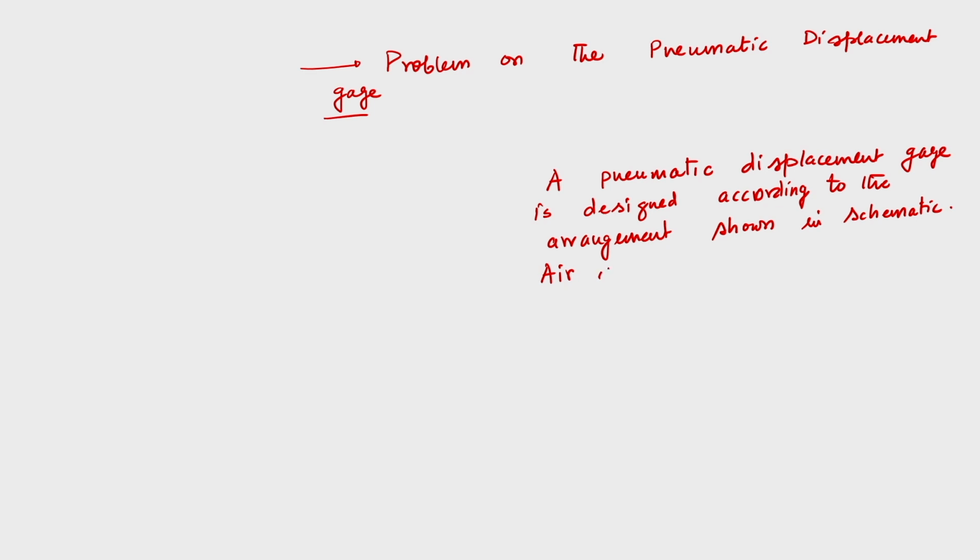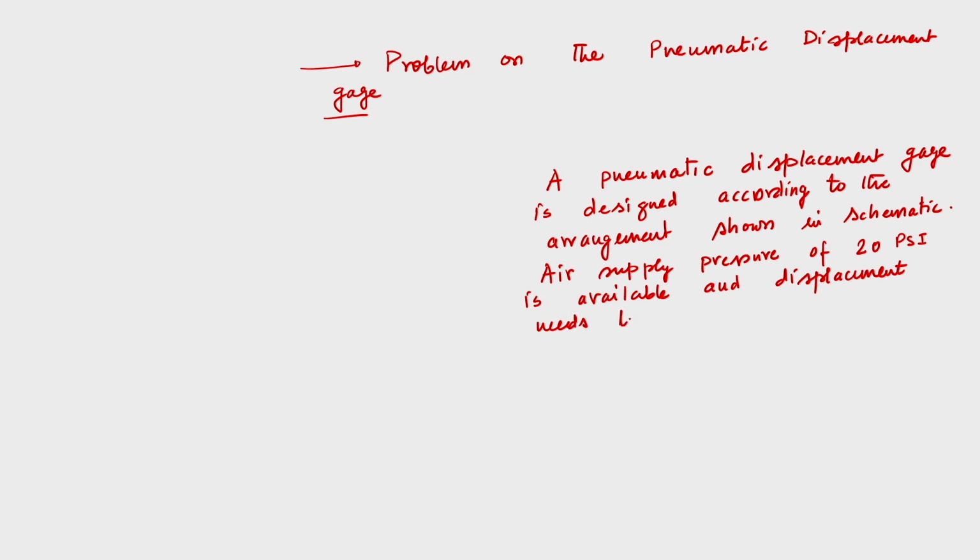It is given that an air supply pressure of 20 psi, pounds per square inch, is available, and displacement needs to be measured over a range of 0.05 inch.